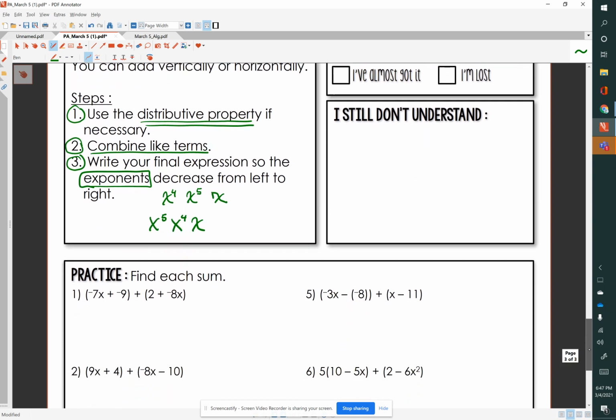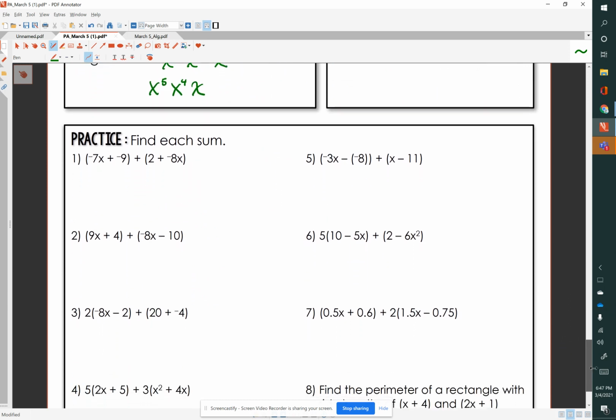So let's start with number 1. It says to find each sum. So we have negative 7x plus 9, plus negative 9, plus 2, plus 8x. Now, what can go together and what can't go together? We have to think about that.